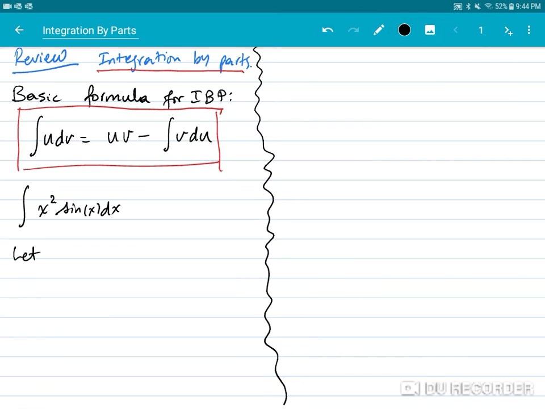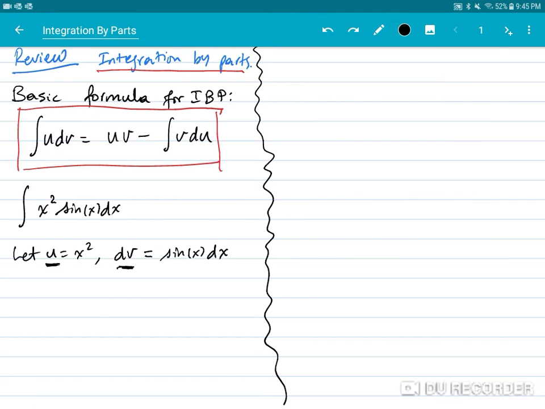We let u be x squared, and dv now is the rest of that integrand, sine of x dx. Because u times dv should give us the whole integral, the whole expression in here.